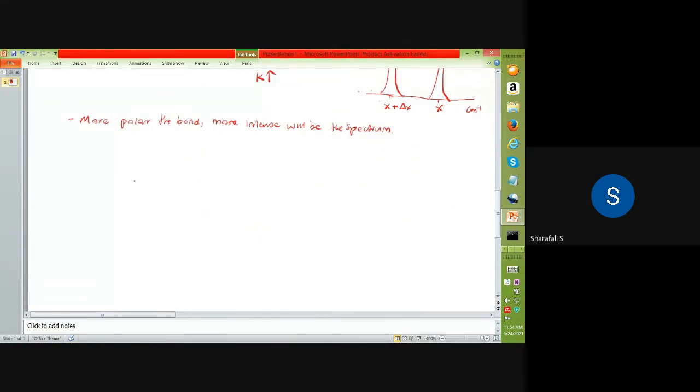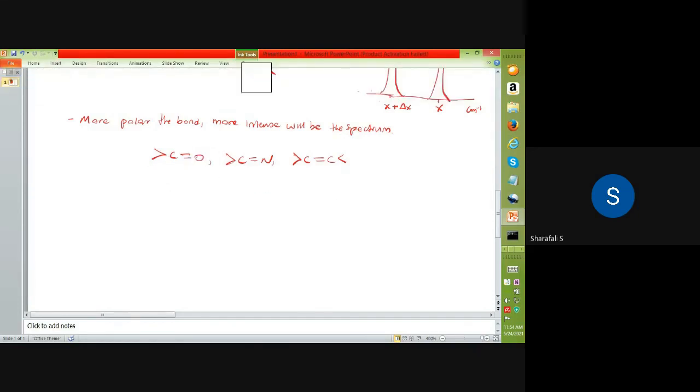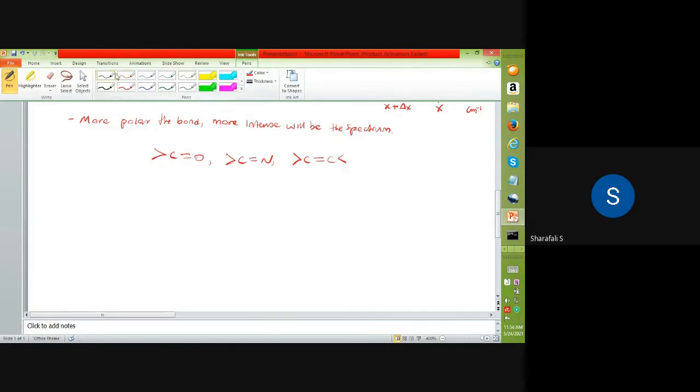For example, if you consider C double bond O, C double bond N, then C double bond C, now we are talking about intensity, not about frequency.